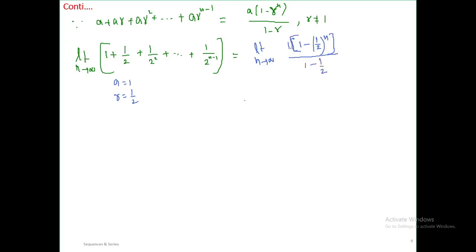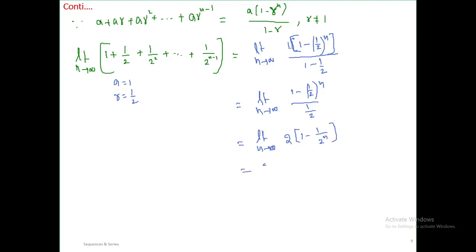So this is the sum of the first n terms of the geometric series. So limit n tends to infinity, simplify this. 1 minus (1 by 2) whole to the power of n divided by 1 minus half, which is 1 by 2. So now this is limit n tends to infinity of 2 into 1 minus (1 by 2) to the power of n. Okay.